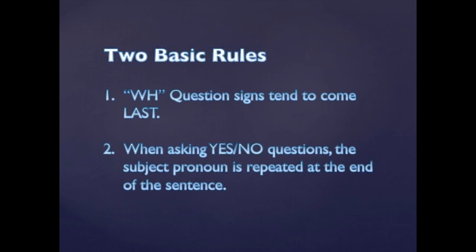There are two basic rules related to question forms in ASL. First, WH question signs tend to come last. And two, when asking yes/no questions, the subject pronoun is repeated at the end of the sentence. I'll be demonstrating both of these forms.